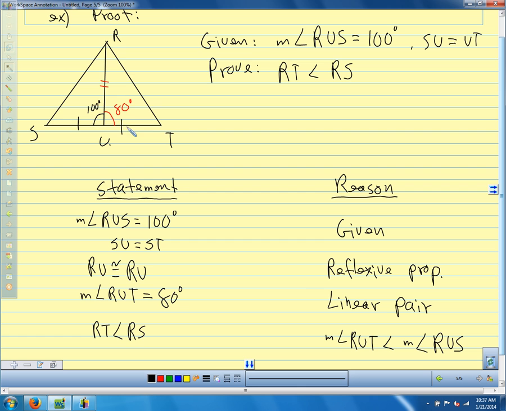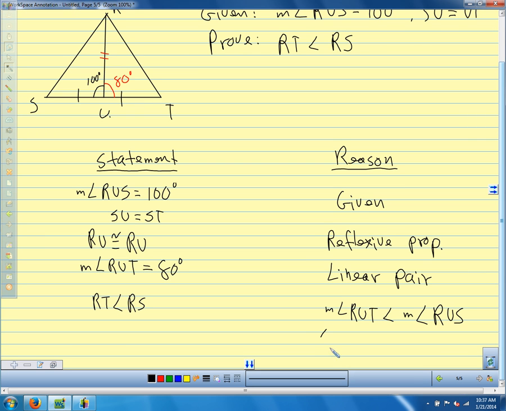So that's what we said, a linear pair, so those two have to add up to 180. Okay? So questions on the proof? I'm just going to put in parentheses converse of Hinge Theorem.